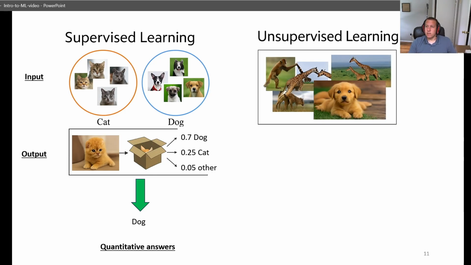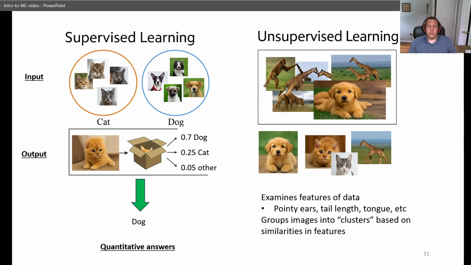Conversely, if we look at unsupervised learning, we now have all of these images, but they're not defined with labels. Instead, the model will try to separate this data based on features, such as how long the tail is or the pointy ears. In this case, we've created 3 clusters: images of dogs, images of cats, and images of others, or in this case, giraffes.